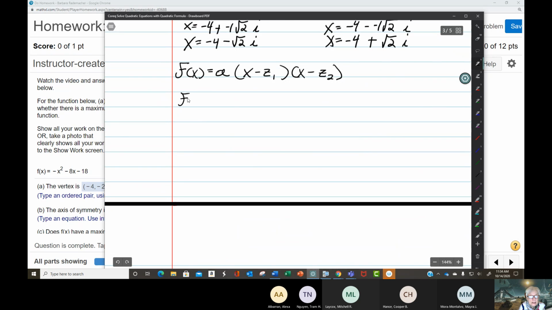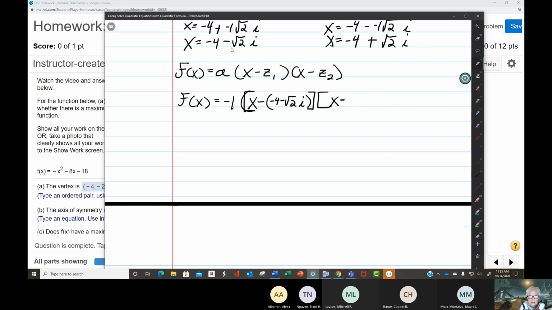So f of x equals negative 1 times x minus parentheses negative 4 minus the square root of 2i. And yes, I guess I should have used brackets there. Times x minus z2.